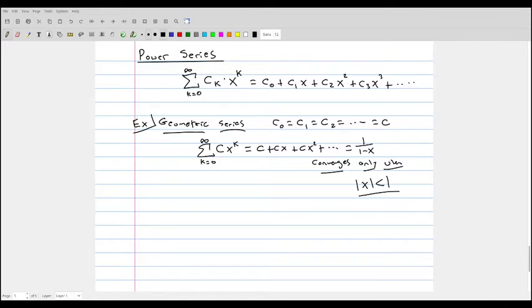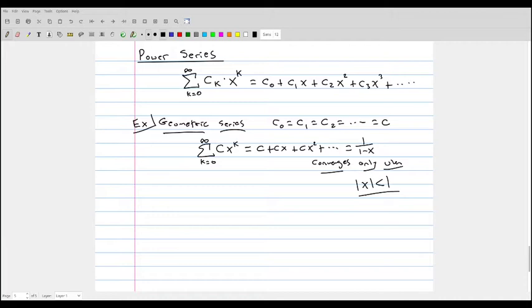So what you want to try to change your viewpoint to now is seeing that if you take an infinite power series, in general, if it converges, it could, and very often does, converge to a function of x. So an actual function of the variable that's being taken the power of in the power series.